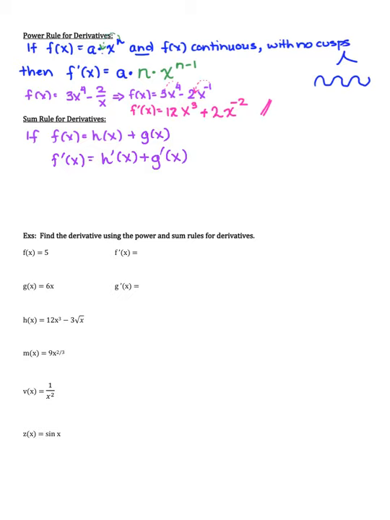However, big problem, this does not work for products. So if f of x equaled g of x times h of x, for instance, if I had 3x squared times x squared plus 1, f prime of x does not equal g prime of x times h prime of x.